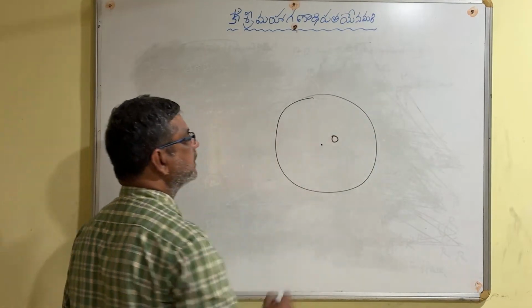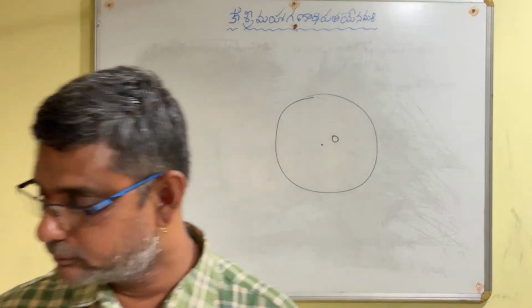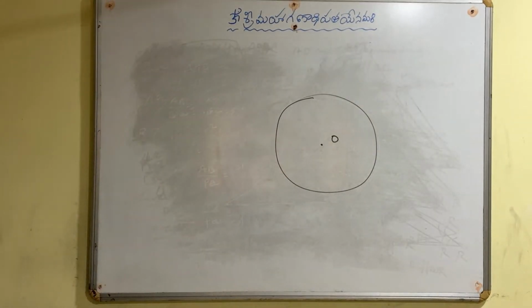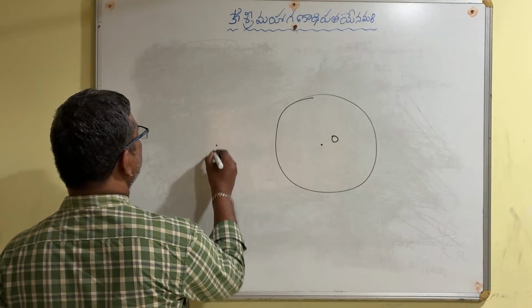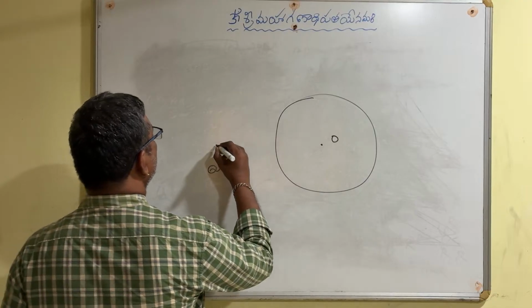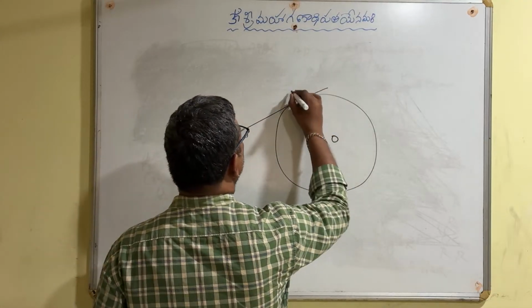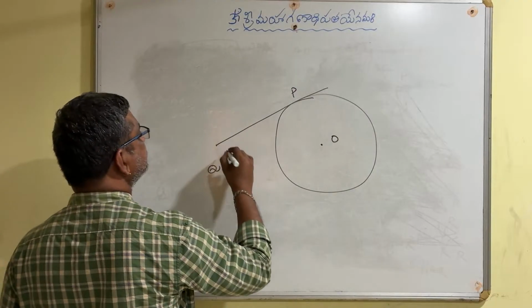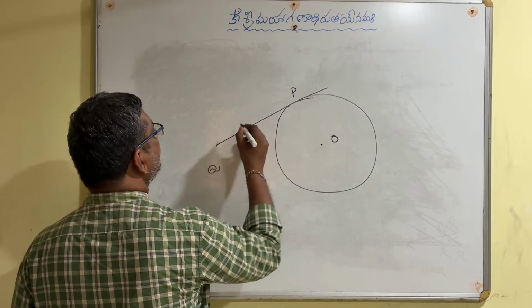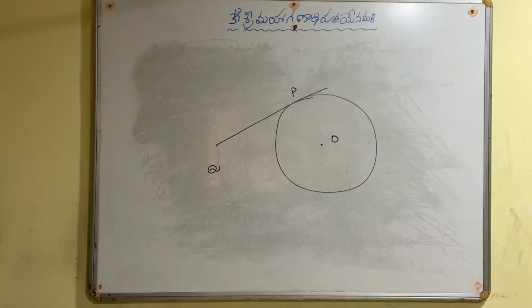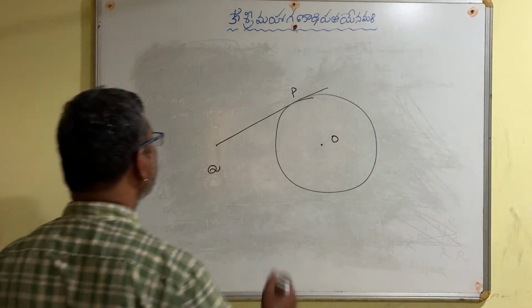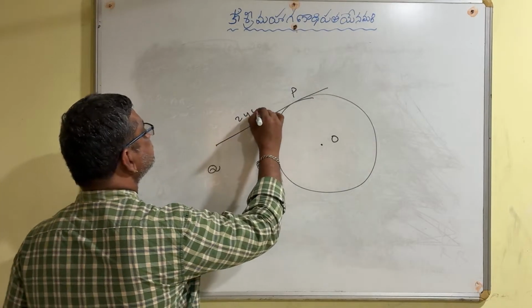A circle with center O. Now, there is a point Q. From this point, the length of the tangent is given as how much? 24 centimeters.